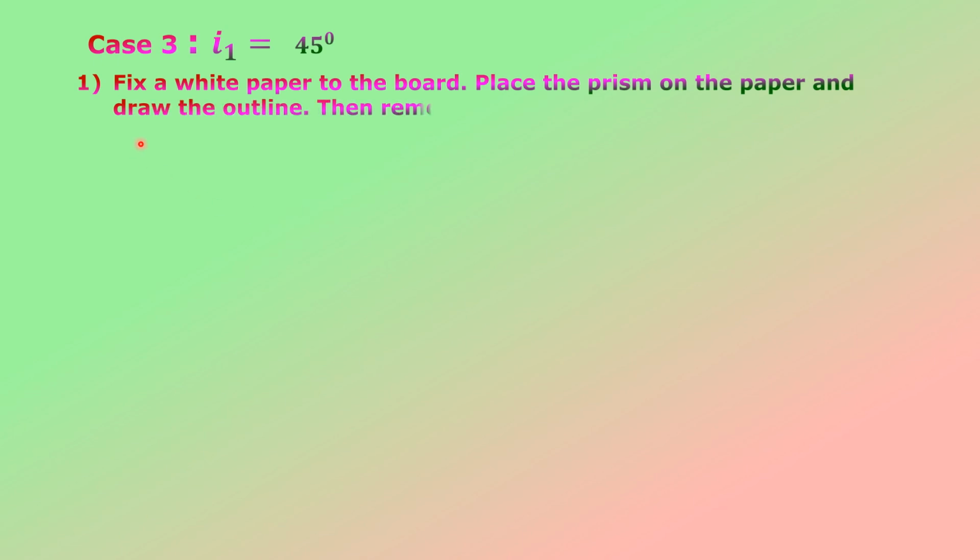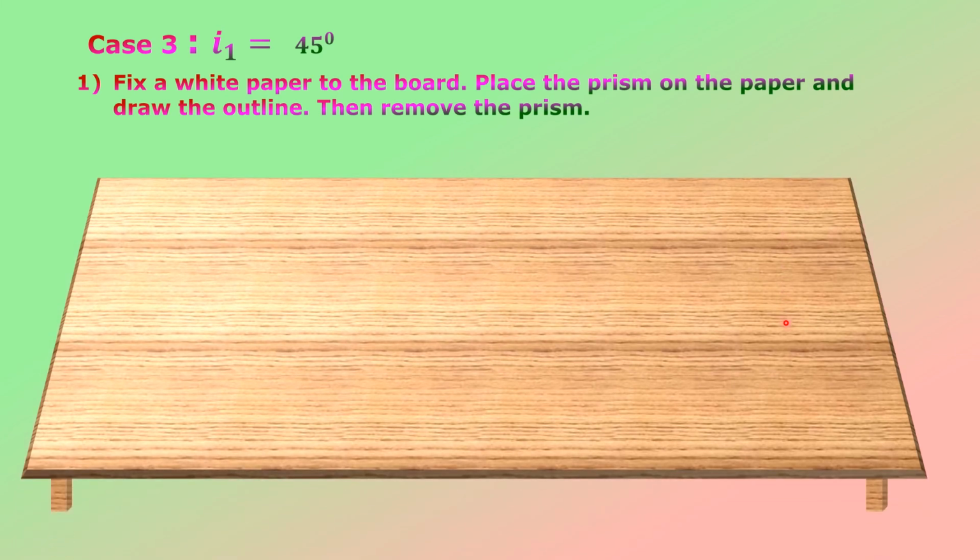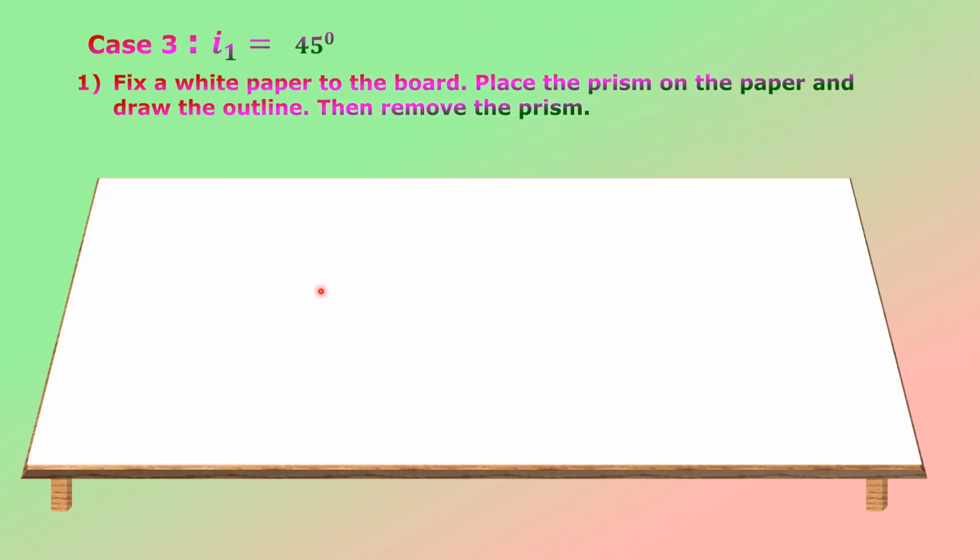Same procedure I will follow. Fix a white paper to the board. Place the prism on the paper and draw the outline. Later we have to remove the prism. On the drawing board, I will fix a white paper over it by using drawing pins.